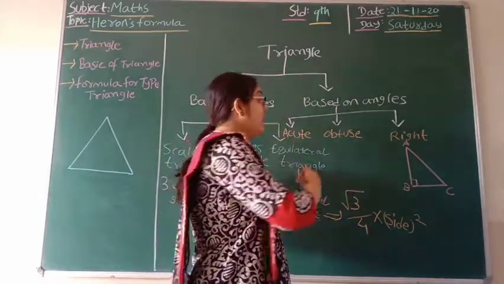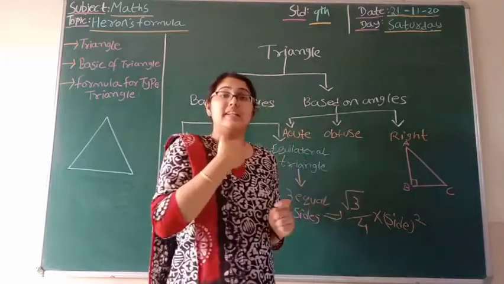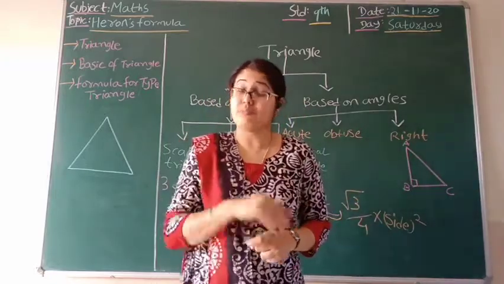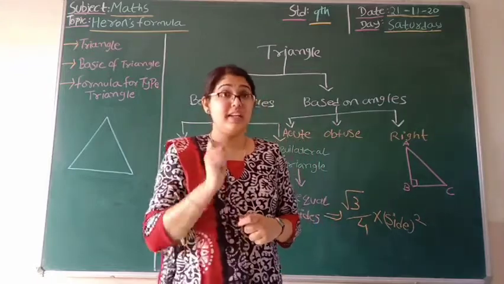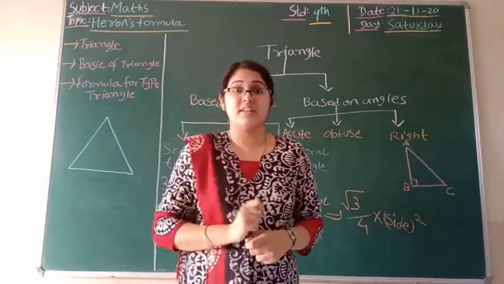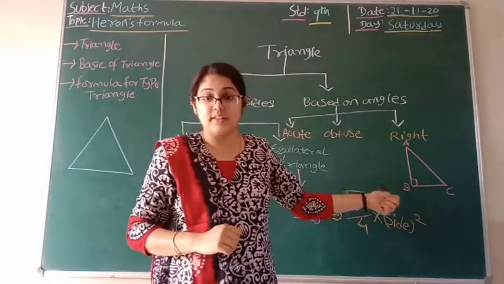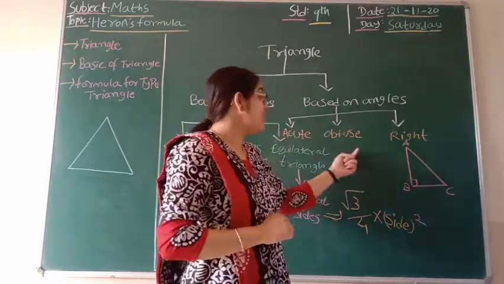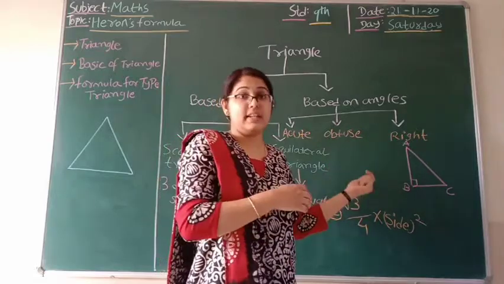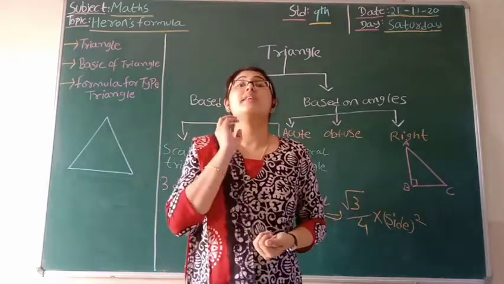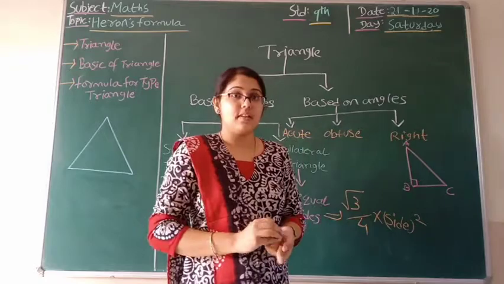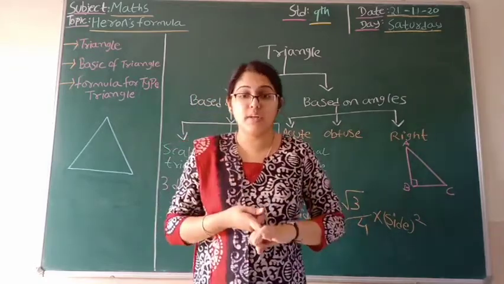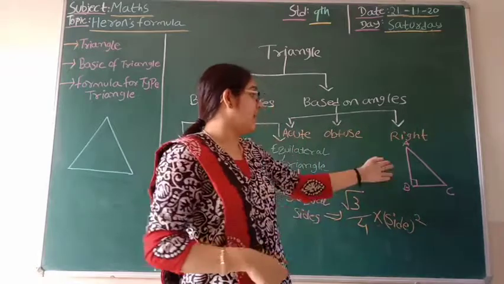The sides adjacent to the 90 degree angle are known as legs. Right? So we have seen three things: the leg, the hypotenuse, and the right angle.